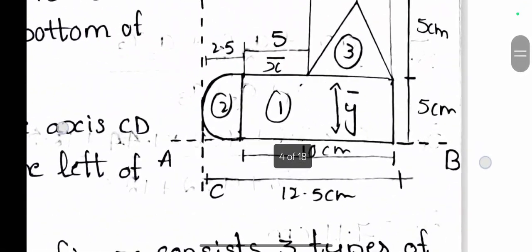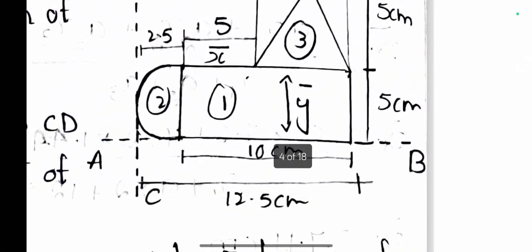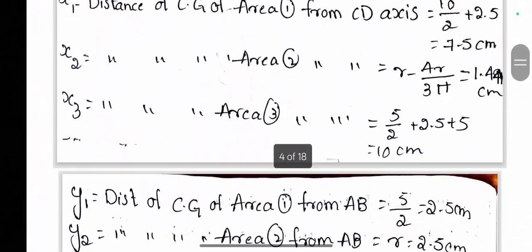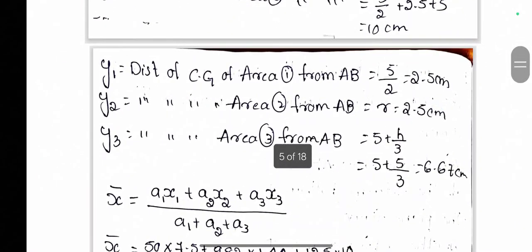This is the X data, which we have found horizontally. Next is vertical. Let us come to the rectangle. Here y1 is d by 2, where d is 5 centimeters, so 5 divided by 2 becomes 2.5 centimeters. Next is y2, the distance of the center of gravity of area 2 from the axis AB, which is the radius 2.5.